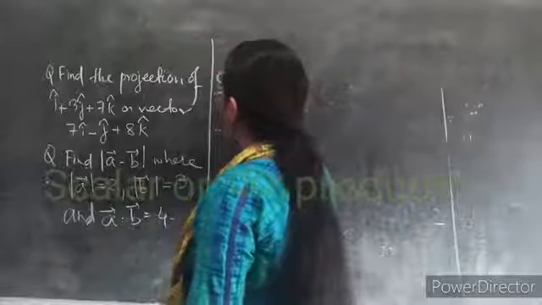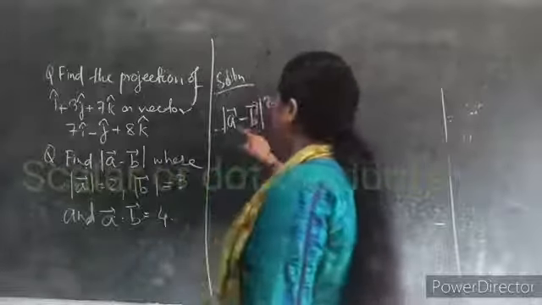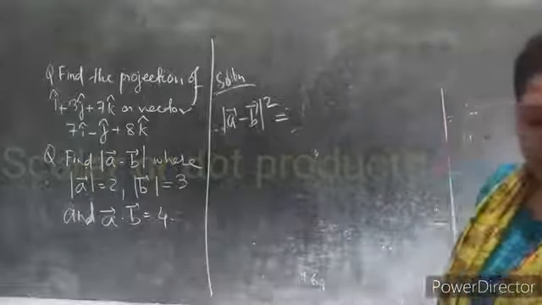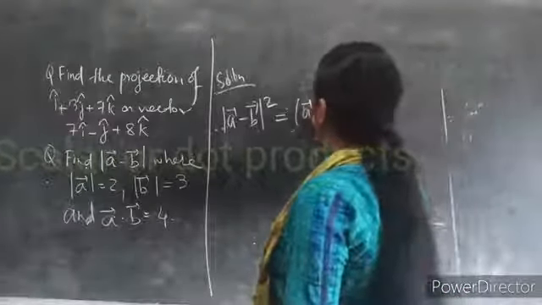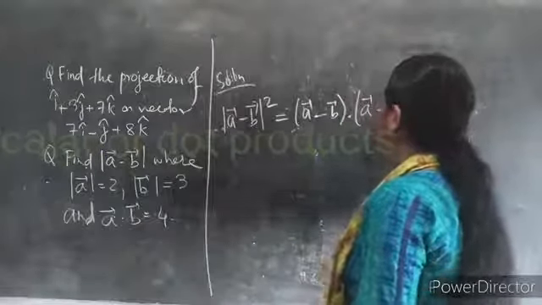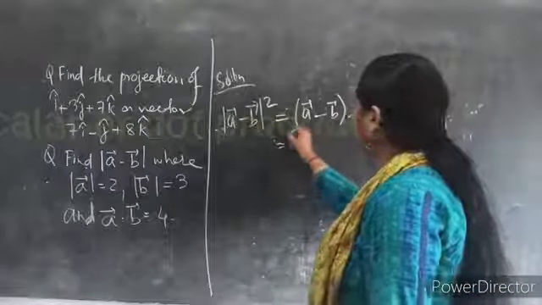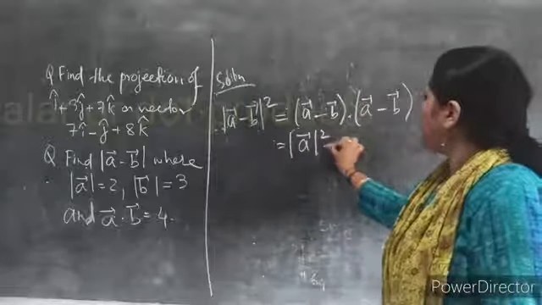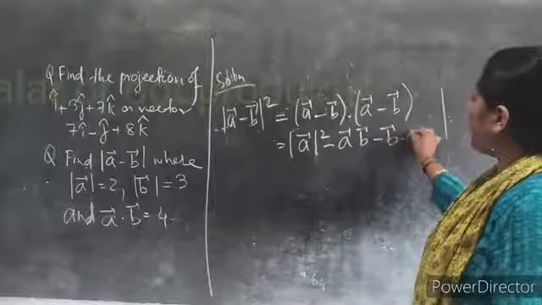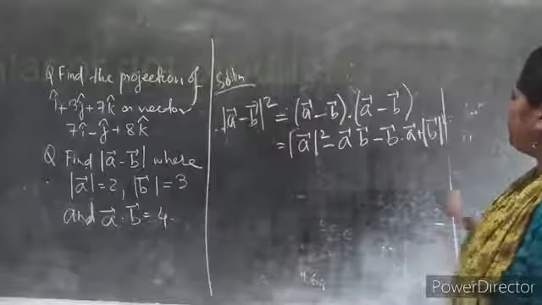So as you know, we can write A minus B whole square as A minus B dot A minus B. Why I am using it, you will know. So A into A will be A square, then minus AB, minus BA, minus minus plus magnitude of B square.